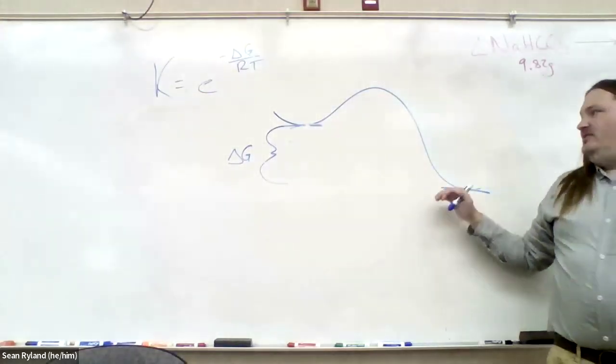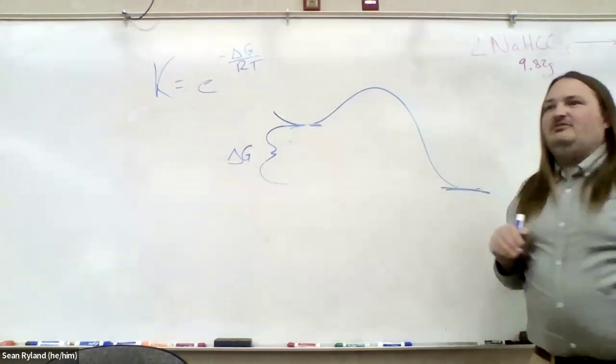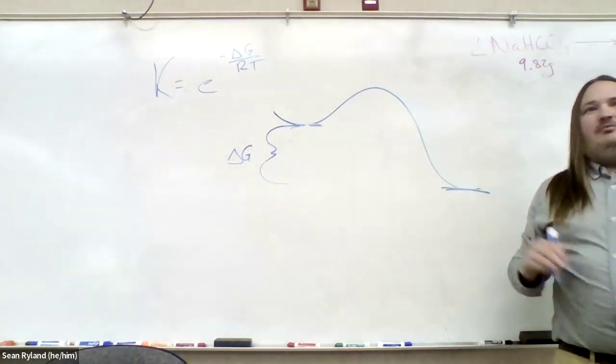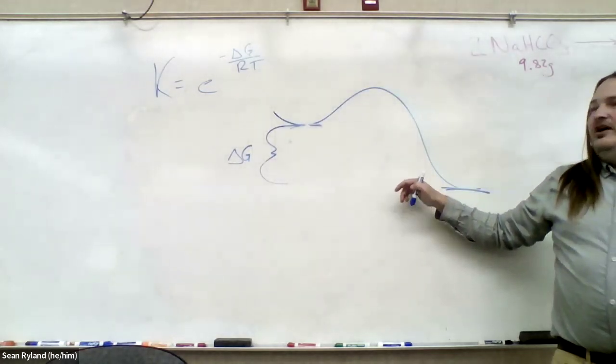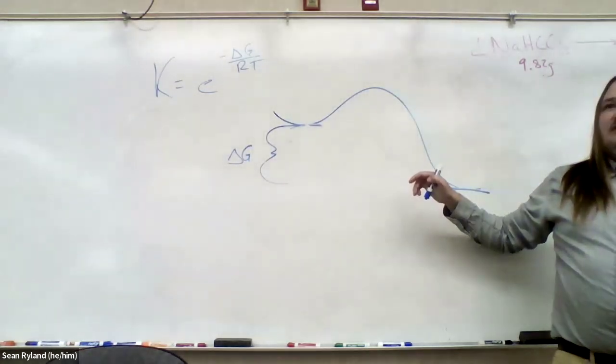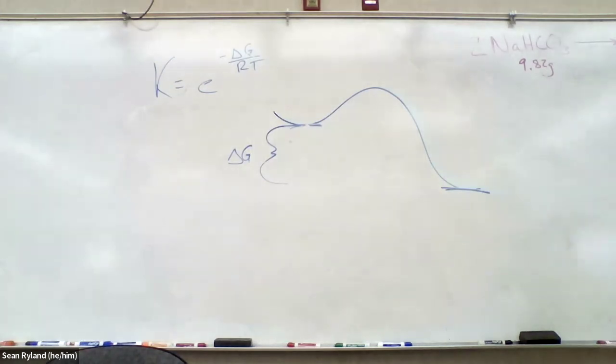If we used something else, this delta G number might be smaller or it might be bigger. Depending on what this difference in energy is, that's going to affect your equilibrium constant. So we could get some yield, but it's never going to be the exact same yield because you're not going to have the same equilibrium constant.